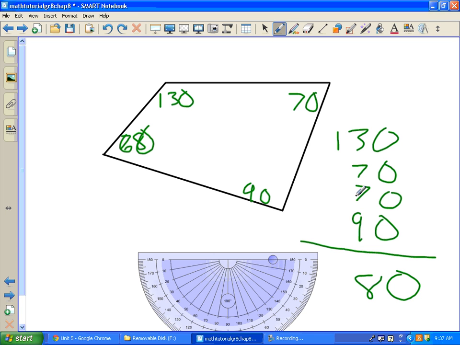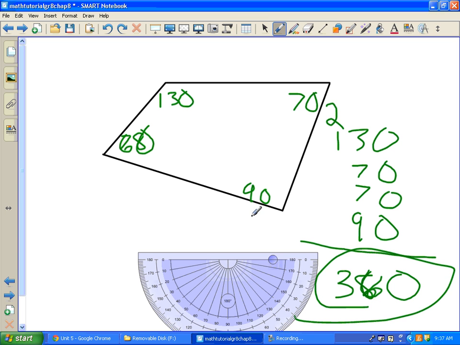There we go. So 9, 16, 17, 18, 19. Oh, sorry, 26. And then you got 2 and 3 is 360. So all four of these angles of the quadrilateral will add up to 360 degrees.